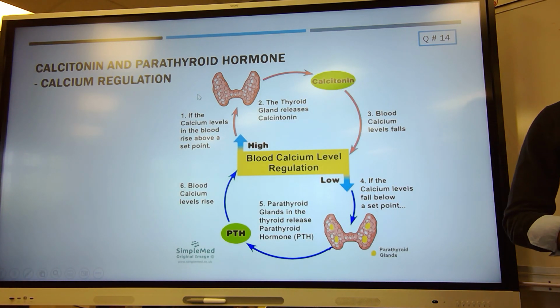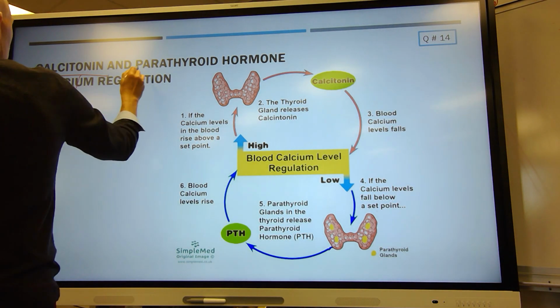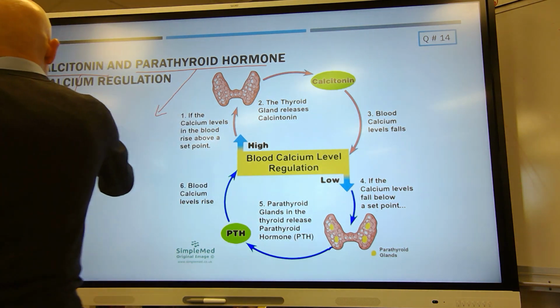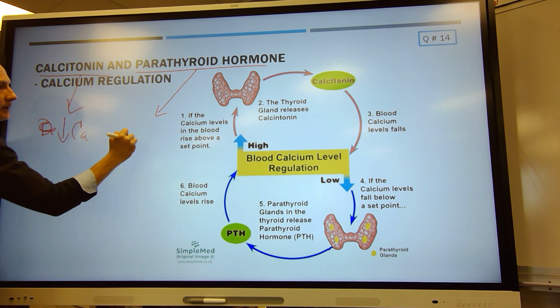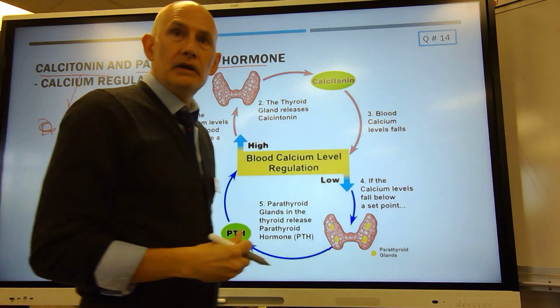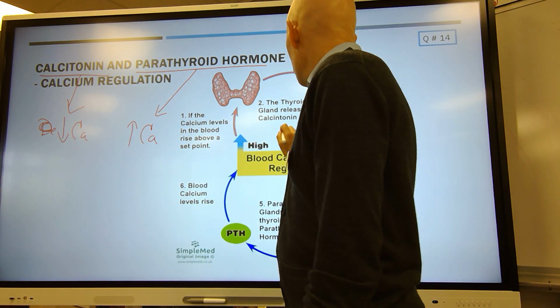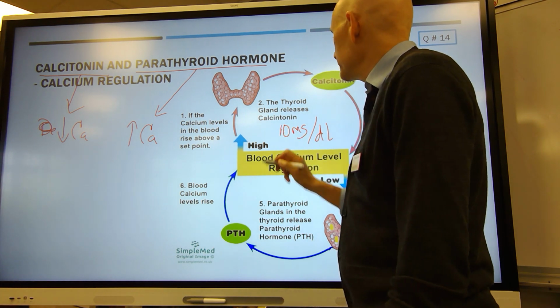Calcium regulation is going to be controlled by calcitonin and parathyroid. So calcitonin is going to lower blood calcium, and parathyroid is going to increase blood calcium. And your general level is 10 milligrams per deciliter.